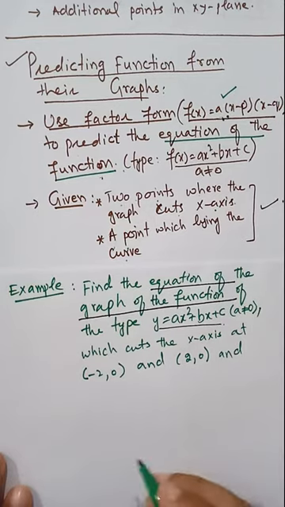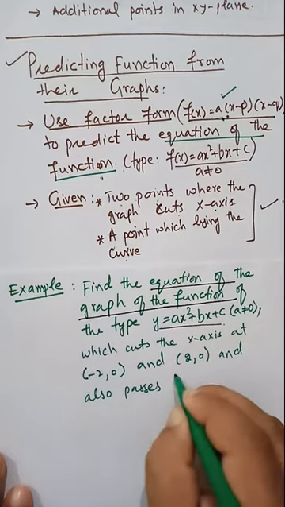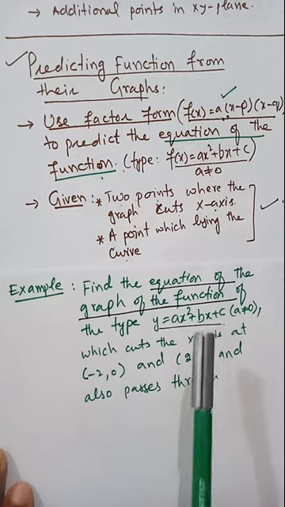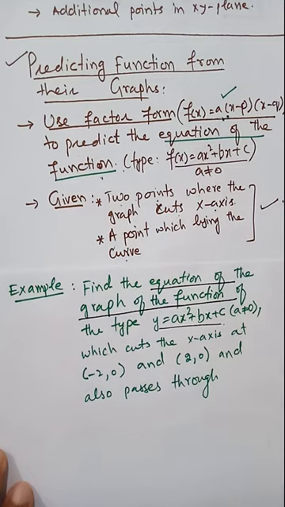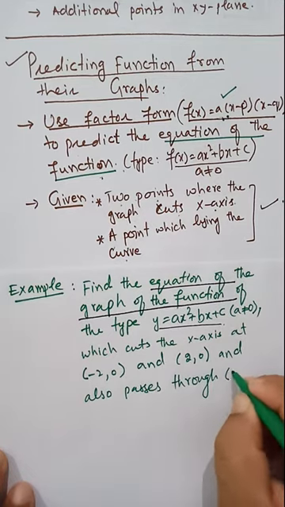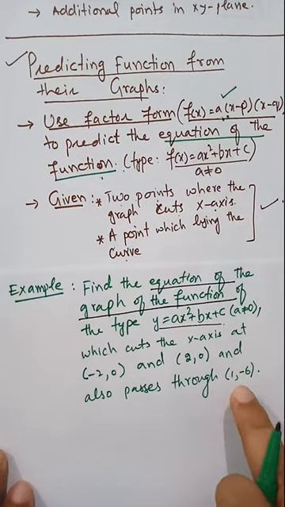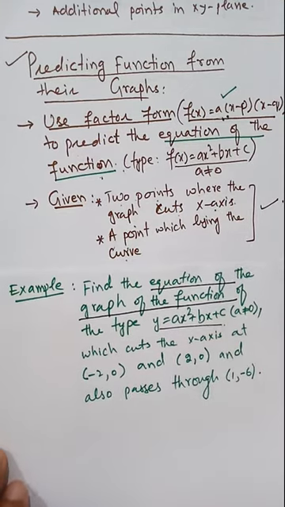This is one piece of information, and another is that the graph of the required function also passes through the point (1, 6). So remember, if a function passes through any point, then when you plug that point into the function, the left and right sides must be satisfied. Remember that point.